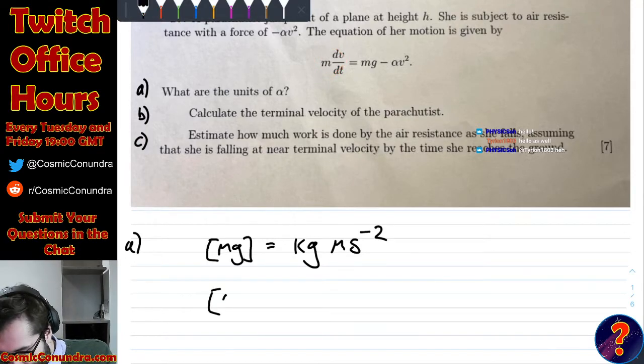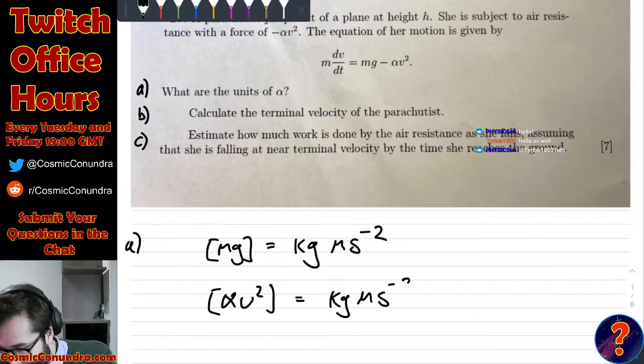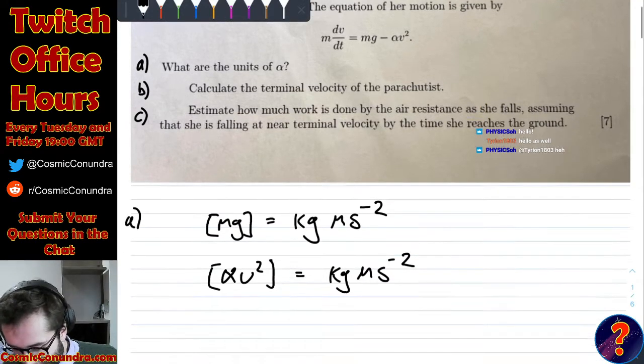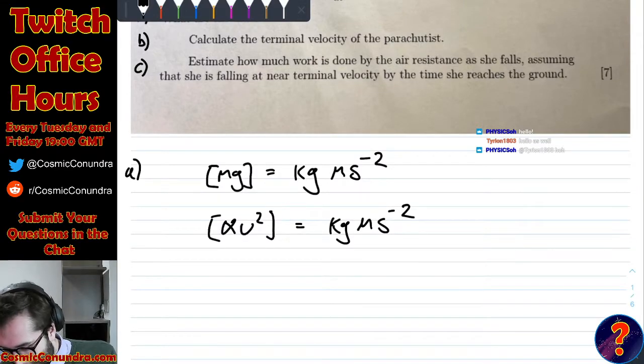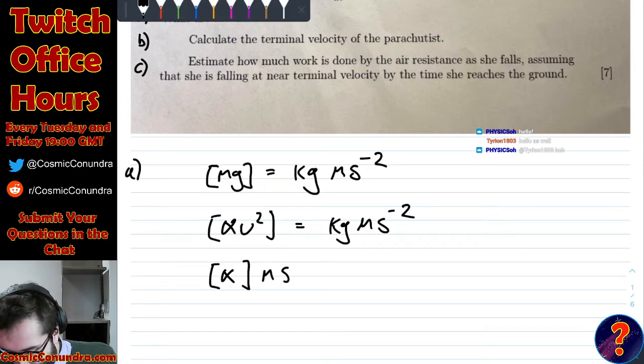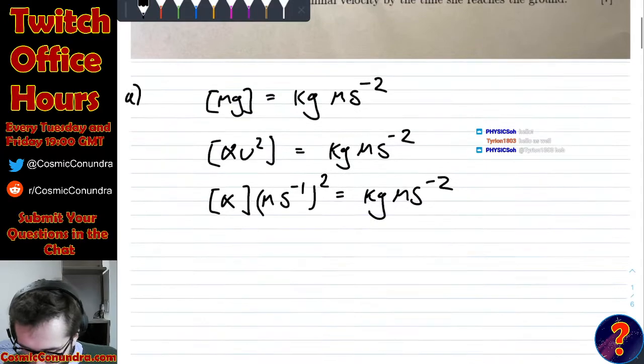So that means also that the unit of alpha v squared must be kilogram meters per second squared, because all of the units on each side of the equation have to balance. And of course we know that the units of v squared are the units of velocity squared, so that is meters per second all squared, and that must equal kilogram meters per second squared.